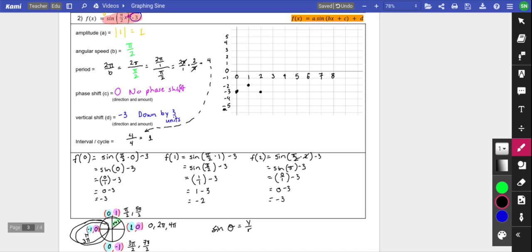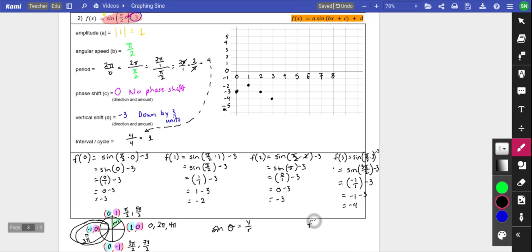The next point would be f of 3, which is sine of pi over 2 times 3 minus 3. That's not an exponent, sorry, that's minus 3. Sine of 3 pi over 2 minus 3. 3 pi over 2 is the point at the bottom, and we get the y is -1, radius is 1, so -1 over 1 minus 3. -1 minus 3 is -4.